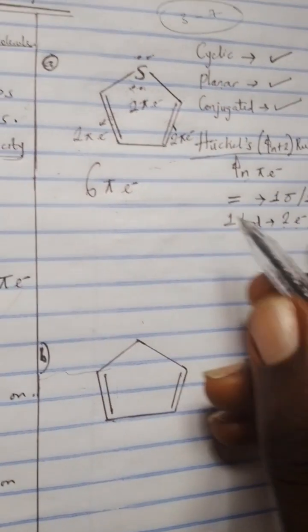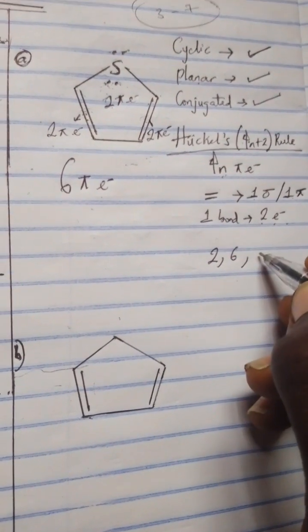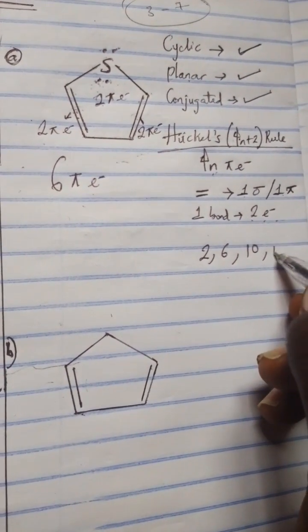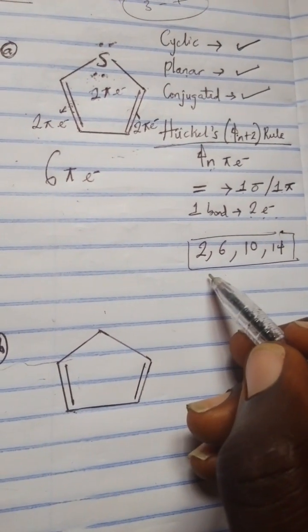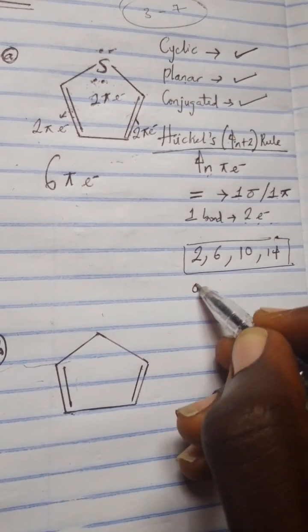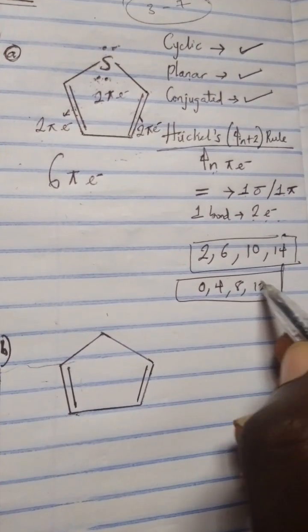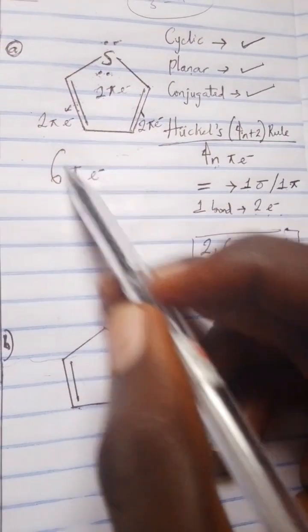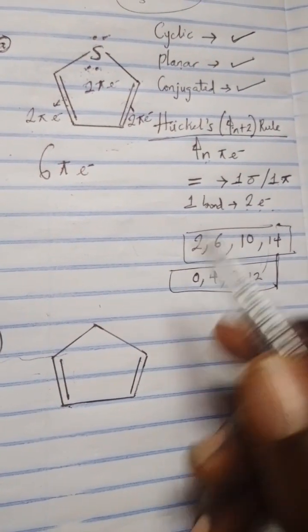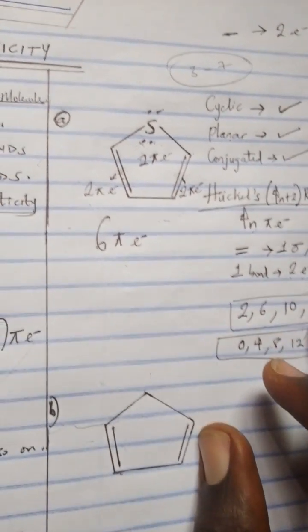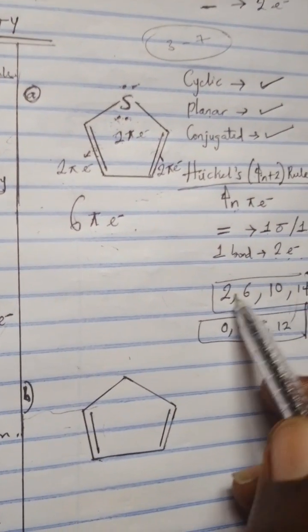I said that when we have 2 or 6 or 10 or 14 and so on, it is aromatic. But when we have something like 0, 4, 8, 12, it is anti-aromatic. Hence what we have here is 6 pi electrons. It is part of the aromatic pi electron numbers.